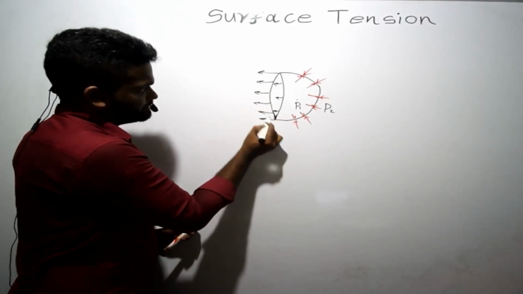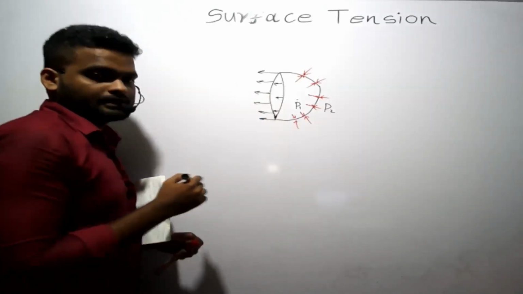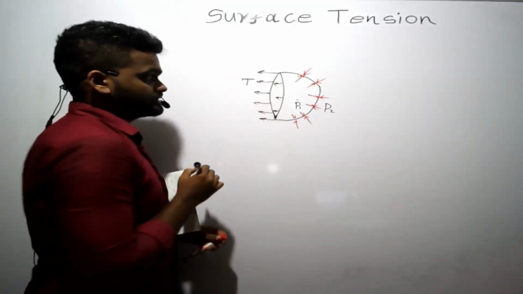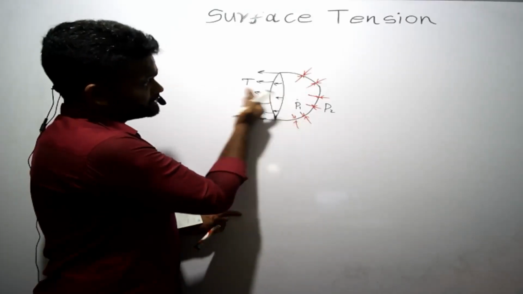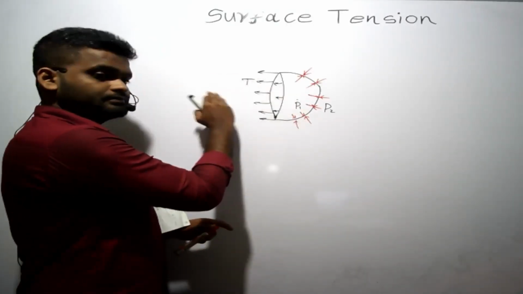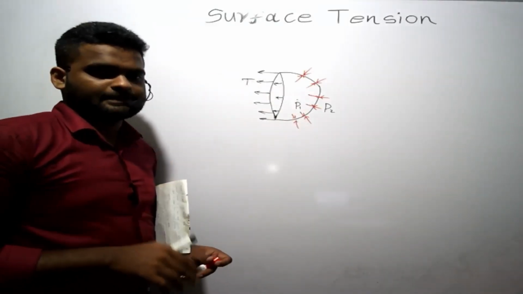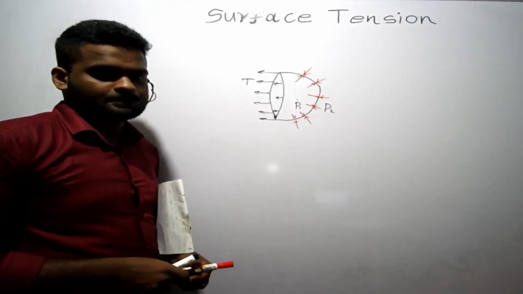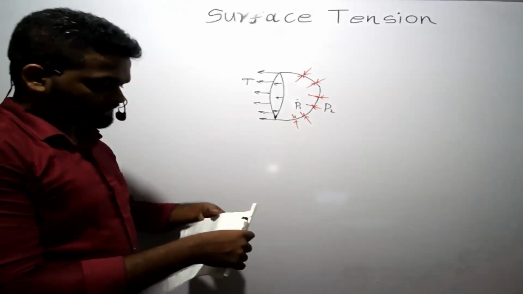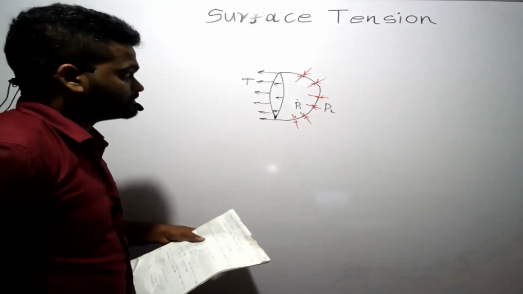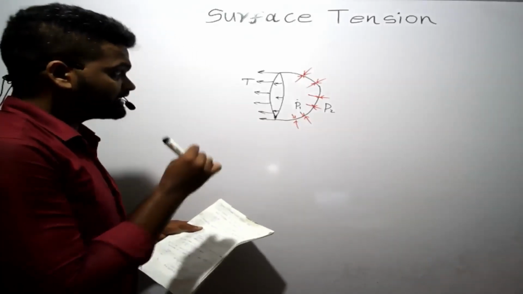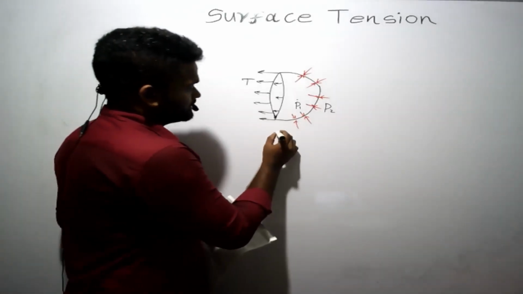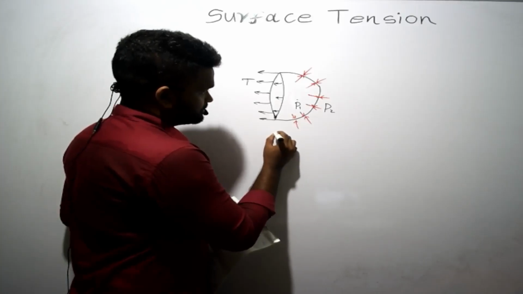If you don't understand, let me know. These are surface tension forces. So this pressure difference is balanced by the surface tension forces caused by the other half. Do you understand? How do we write this? Let's apply a force balance.